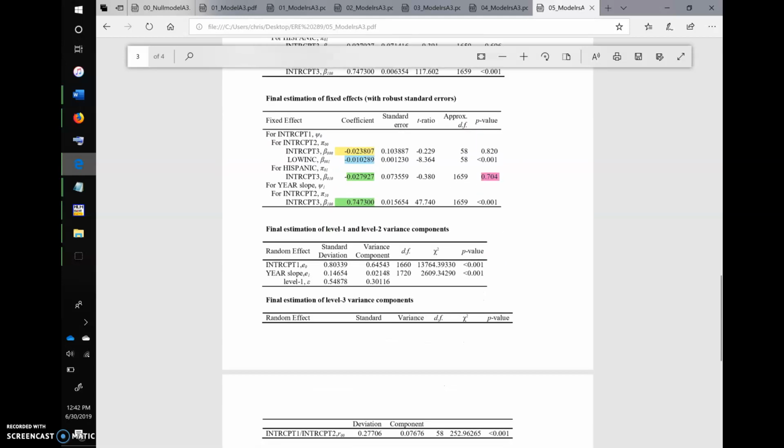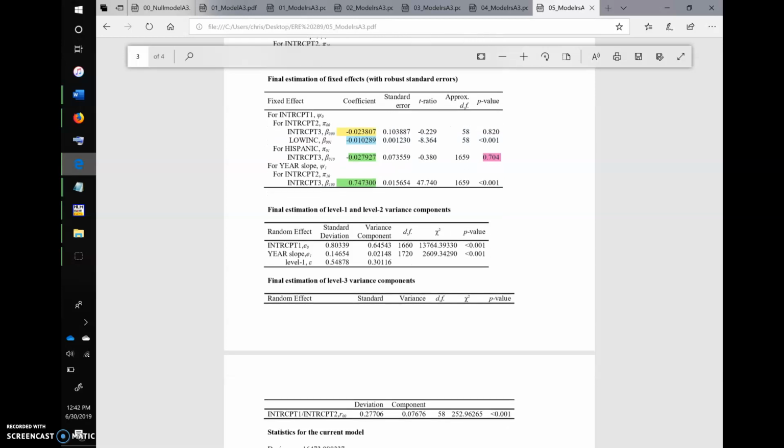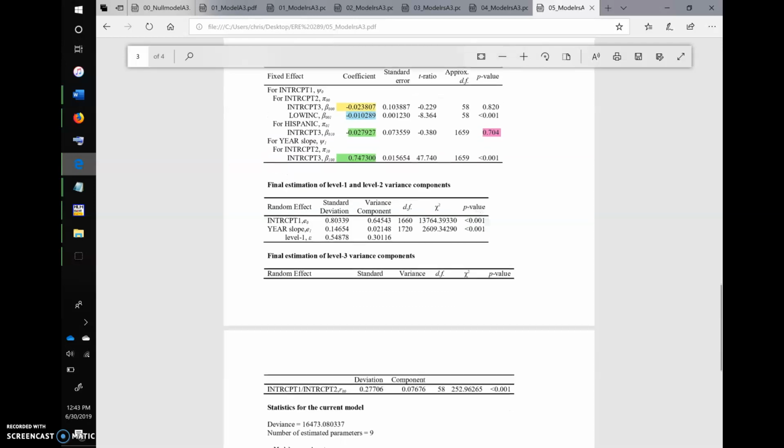What we find is that, again, yes, income was a predictor of school ID's average math scores, but when we looked at Hispanic, it showed a negative but insignificant effect, so we can't say that Hispanics are going to have a predictable outcome when assessing math scores by one's school ID.